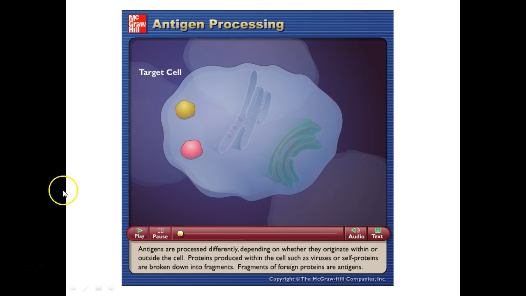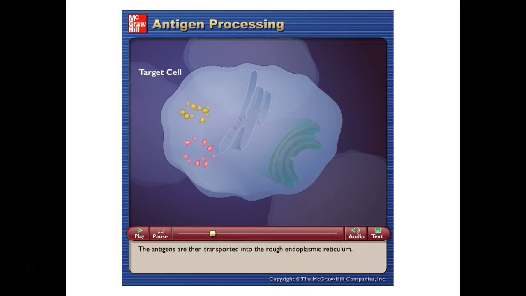So that process of antigen presentation. Depending on whether they originate within or outside the cell. Proteins produced within the cell, such as viruses or cell proteins, are broken down into fragments. Fragments of foreign proteins are antigens. The antigens are then transported into the rough endoplasmic reticulum.